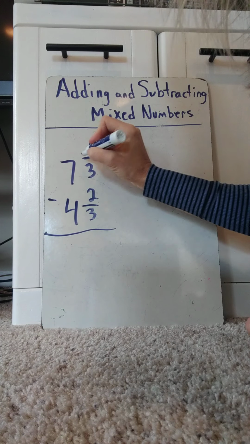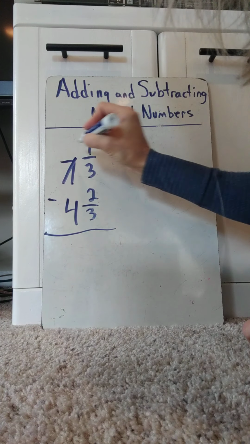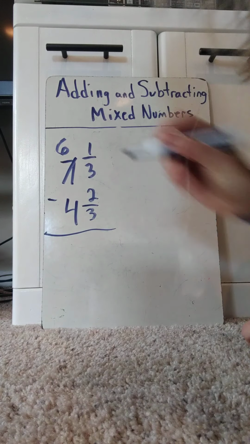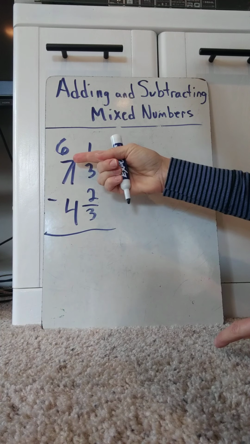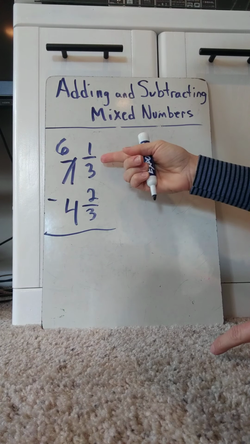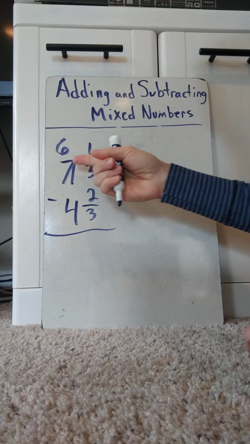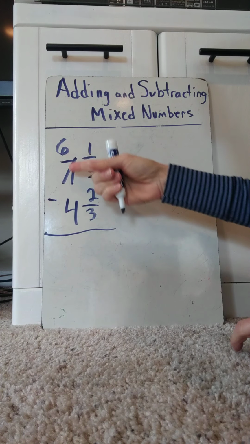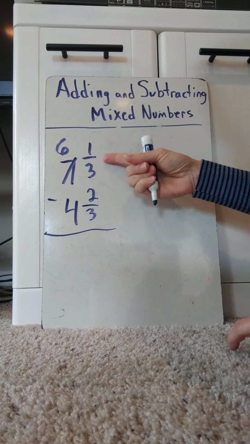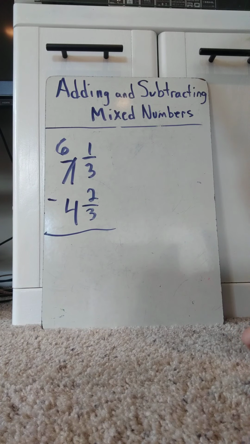I'm going to cross that 7 off. I'm going to make it a 6. I'm taking 1 away from here, and I'm moving it over here. When I move one whole over to this fraction, what does one whole look like in a fraction?